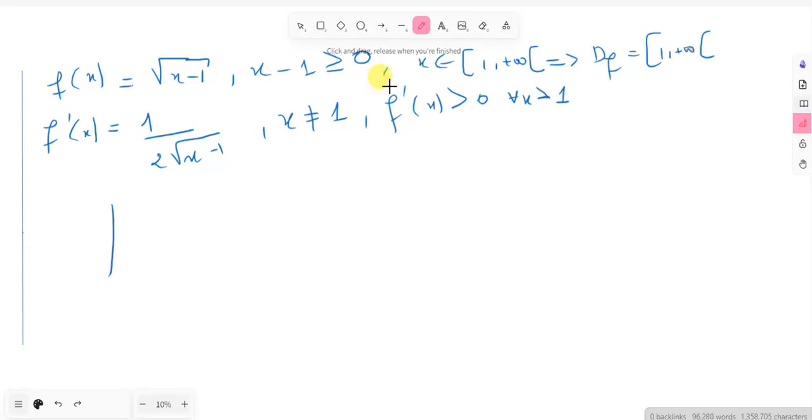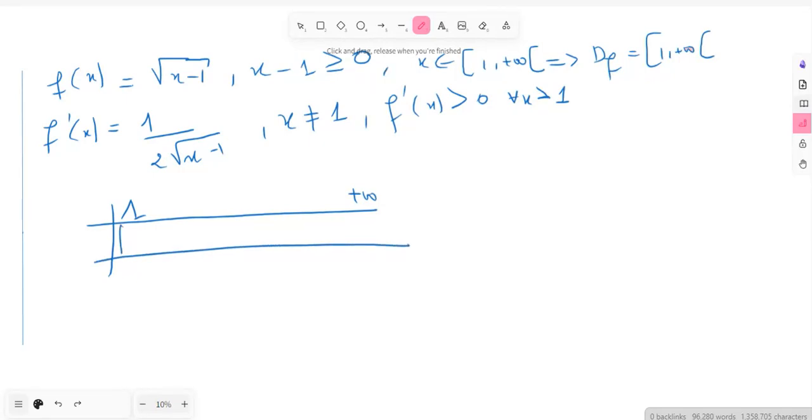So we draw the variation table with 1 and plus infinity. The derivative is positive, so f is an increasing function going from 0 to plus infinity.